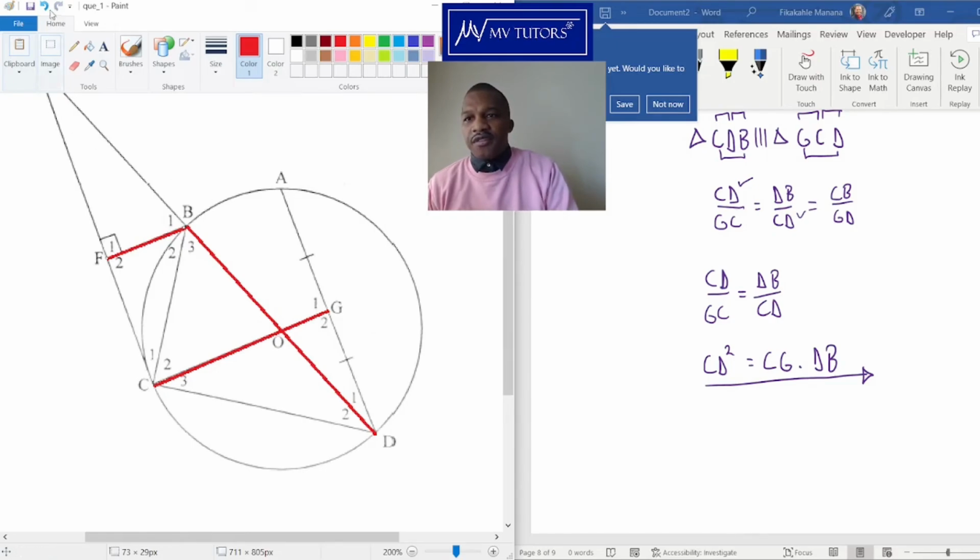Okay, now if you actually remember, we are looking for that line, and we have a 90 degree here, right? Which means if we look at this entire triangle here, we can really do Pythagoras, right?